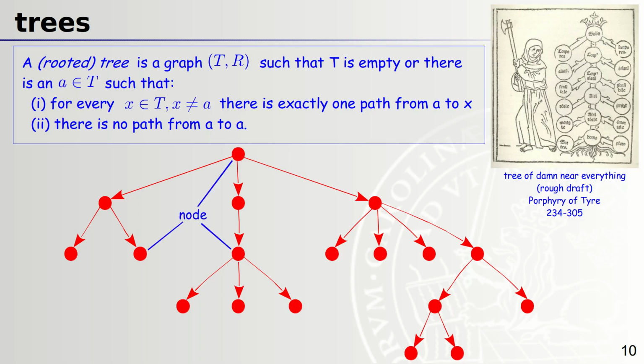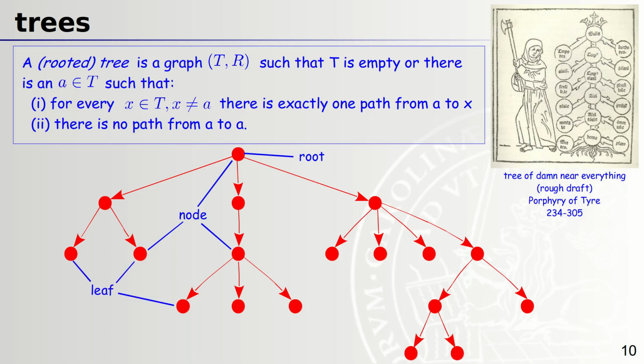A little bit of special terminology applies to naming the different parts of a tree. Instead of vertices, people often use the term node when talking about graphs that are trees. The special node A, from which there is only one path to every other node, is called the root of the tree. Unlike most of their botanical colleagues, computer science trees tend to grow downward from their root.